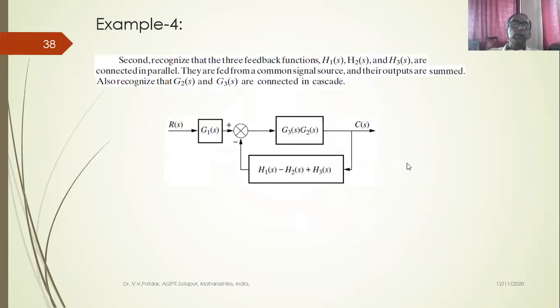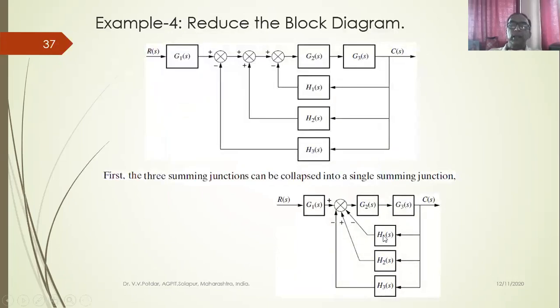So once you merge those, I can always combine it into a single block, isn't it? So these are parallel blocks, isn't it? All these are parallel blocks. So whatever is the positive sign, I'll take that first. In a single block, it will be H2(s) minus H1(s) minus H3(s).